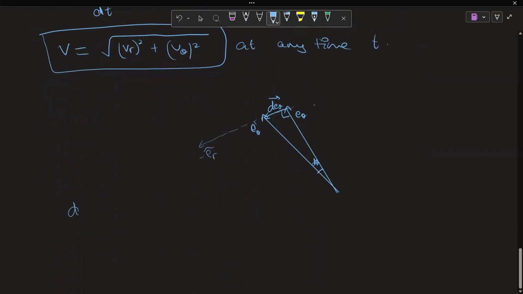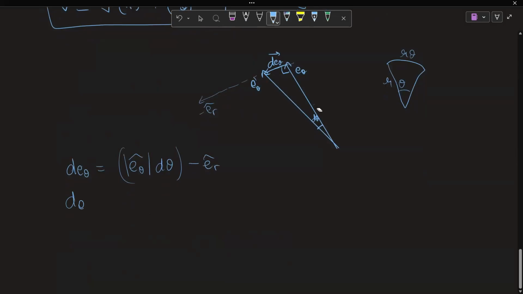So if we have to write d E theta, again we use that approach of the length of an arc. This is r theta. Basically, we will multiply the magnitude into the d theta, and then multiply it by the direction, minus E_r cap.